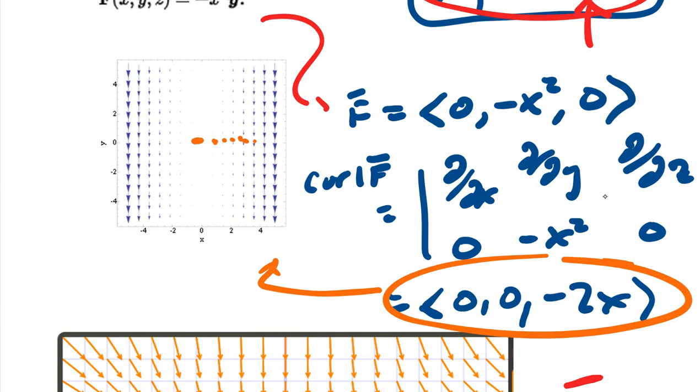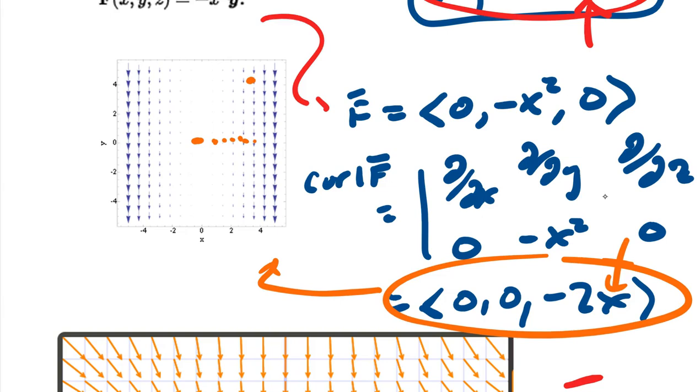So, let's say this is 3, 4 right there. The curl will be the x value multiplied by negative 2, so it'd be negative 6.